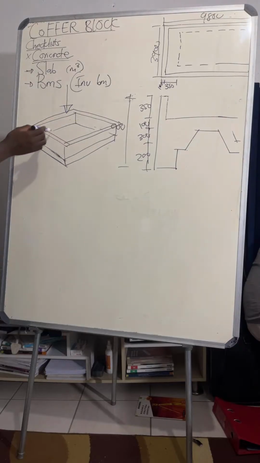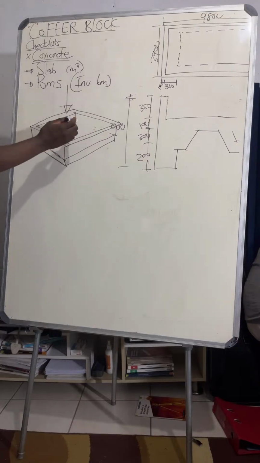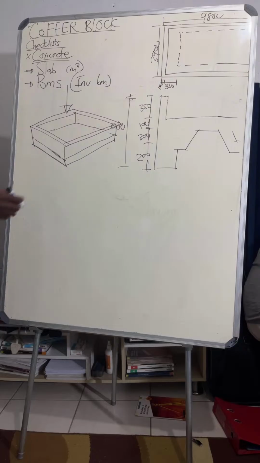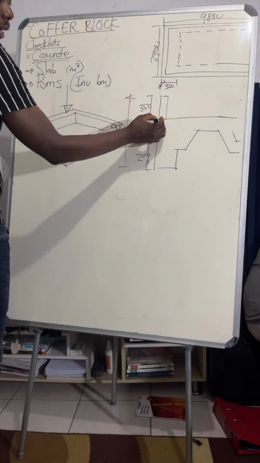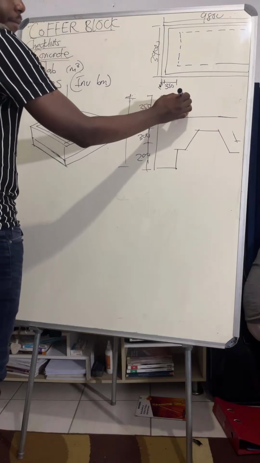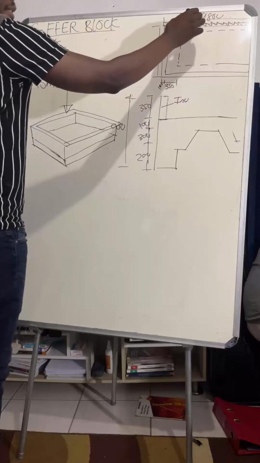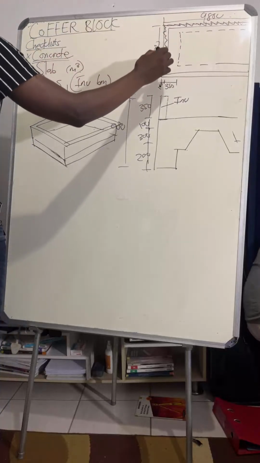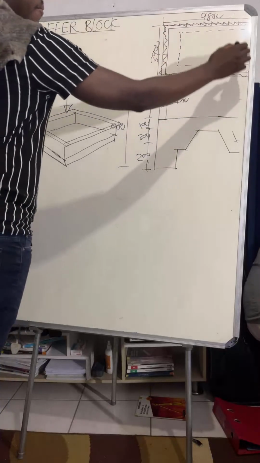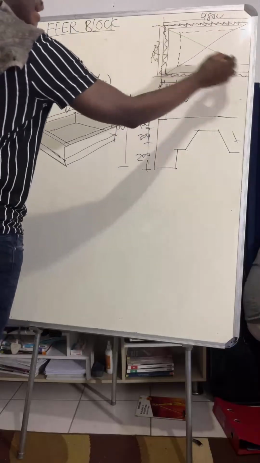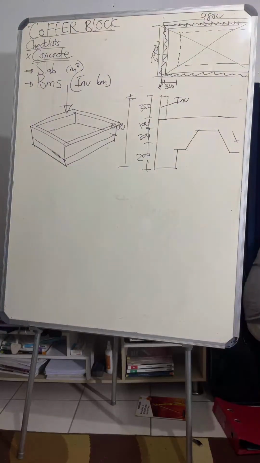Do you understand the drawing? You take your ruler and cut here. So this is an inverted beam. How do you see the inverted beam from the plan view? This is the inverted beam that is on top of the slab, but the slab is the entire area like that. You understand?